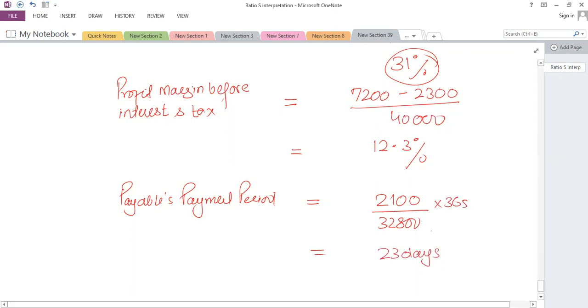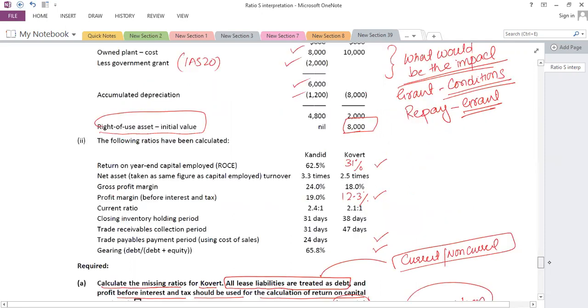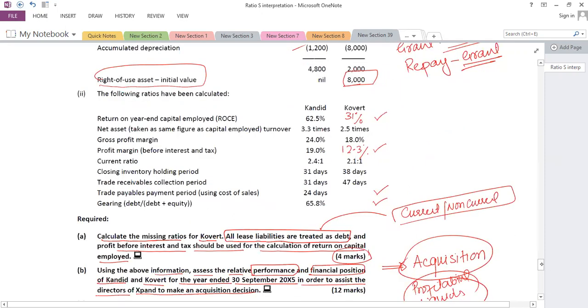Is it good or not good? Payables payment period is 23 days. Now you can see there is little difference in these. Almost you can say that they are identical. You can explain liquidity ratio from this perspective: what is the current ratio, what is the quick ratio, why there is a change in terms of credit policy.